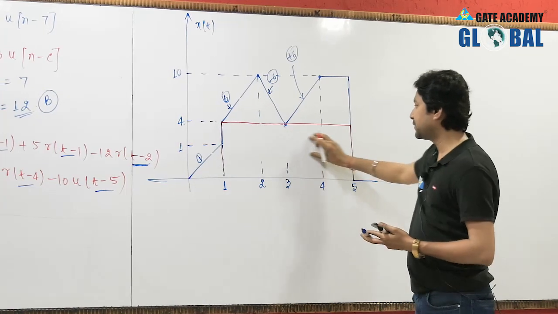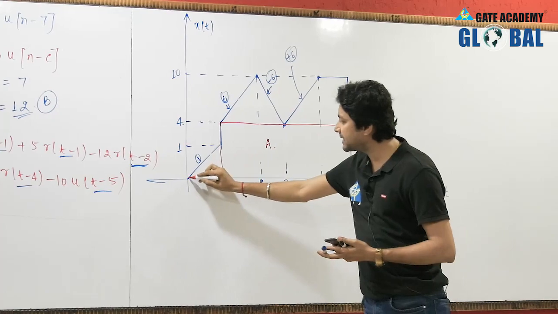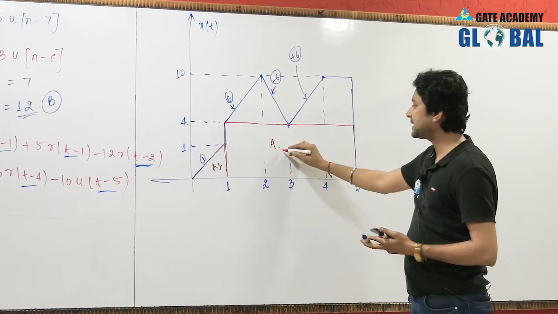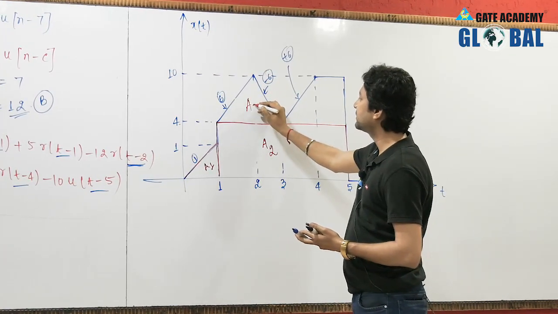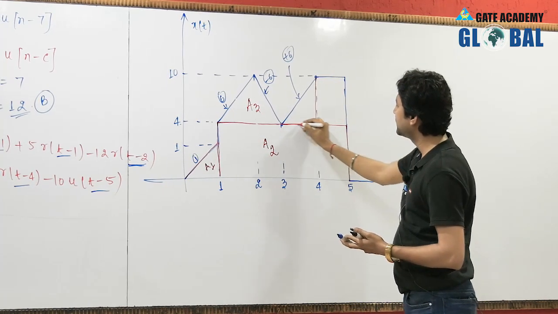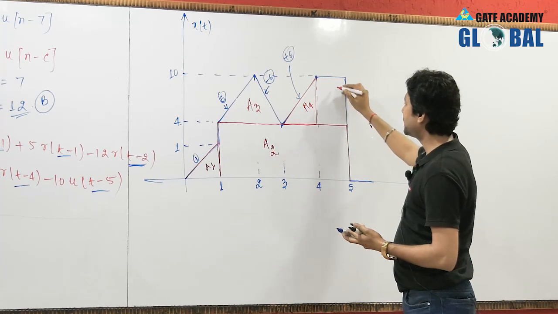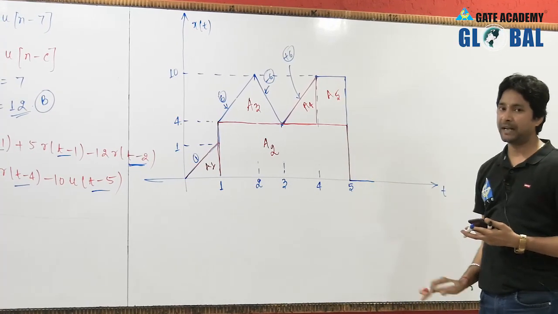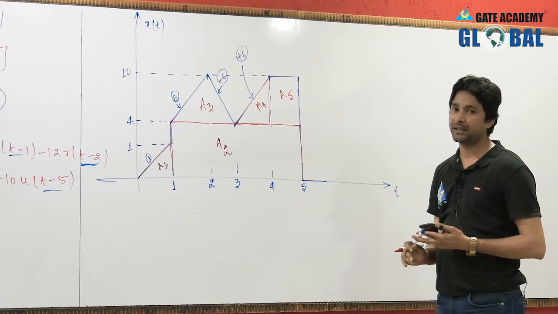So first, if you take this triangle, let it be area 1, this rectangle you can say area 2. For this triangle, let it be area 3, for this triangle, let it be area 4, and for this rectangle again, let it be area 5. So you have to find out all 5 areas, and the sum of all these areas will give you the total area under the function x of t.